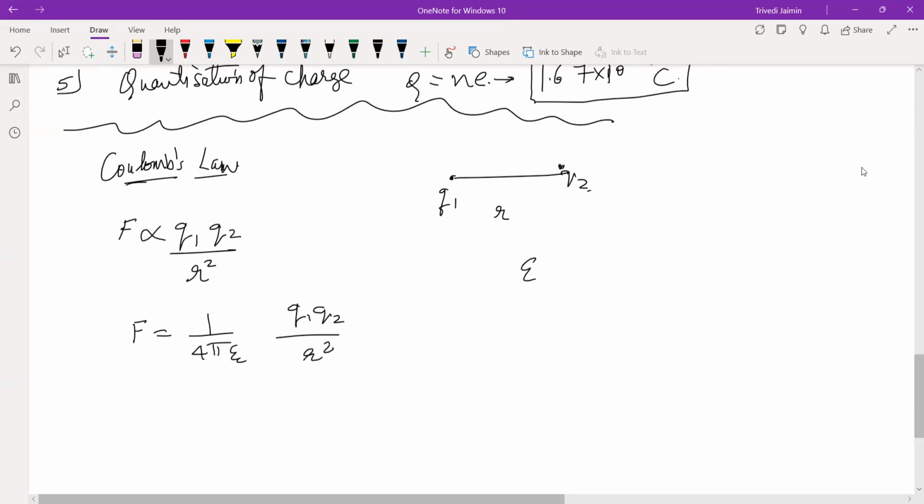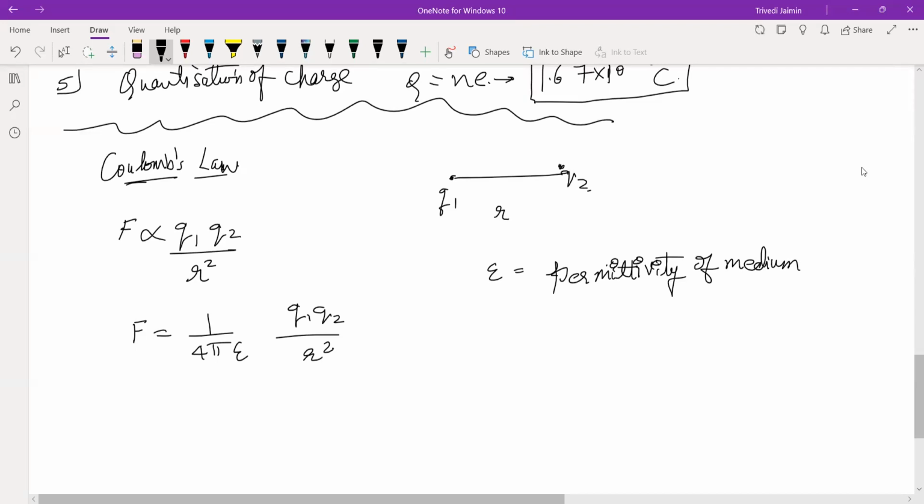So your epsilon is the permittivity of the medium between those two charges.